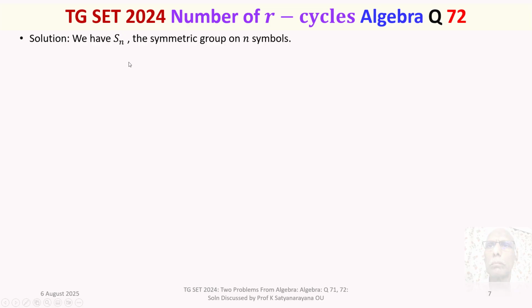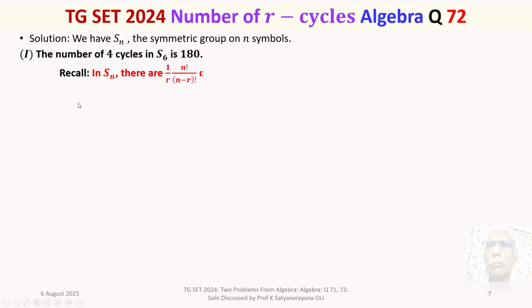We have Sn, the symmetric group on n symbols. Take the first statement: the number of 4 cycles in S6 is 180. Recall a result from permutation groups. In Sn, how many distinct r cycles are there?